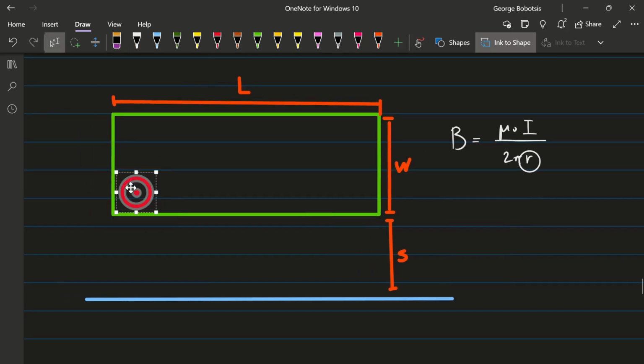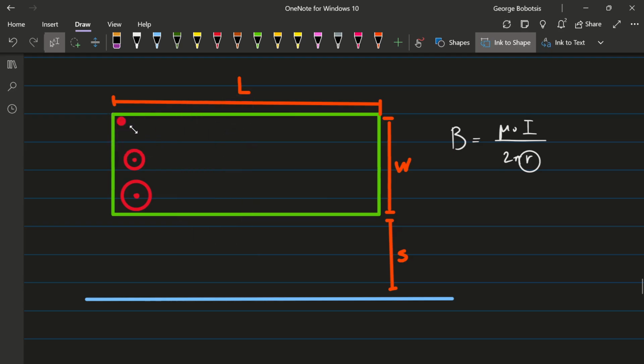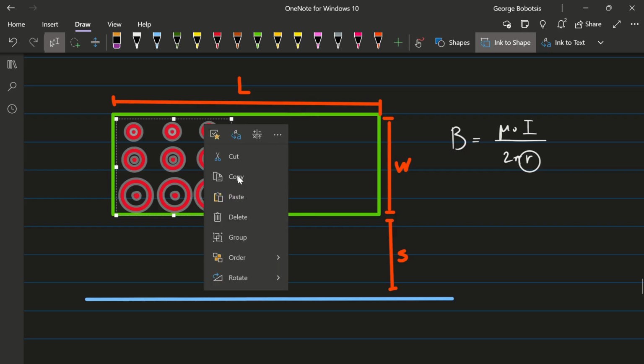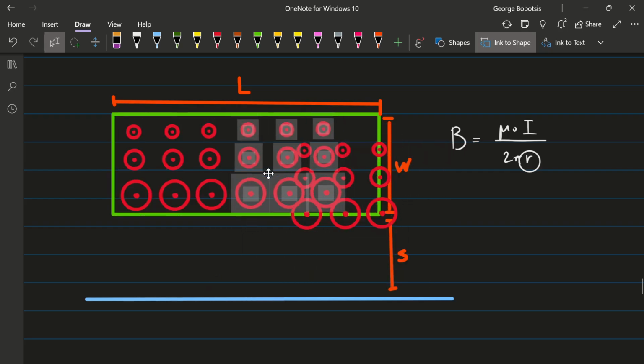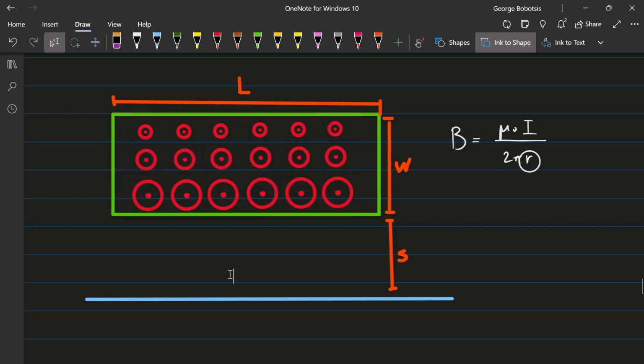So if I'm moving further away in the loop, I expect the magnetic field to just progressively decrease and become smaller and smaller like this. The same pattern, though, should be happening throughout the wire over here and throughout the loop. I can mimic this pattern by copying and pasting it like this everywhere. So, okay, fair enough. This is the magnetic field situation.